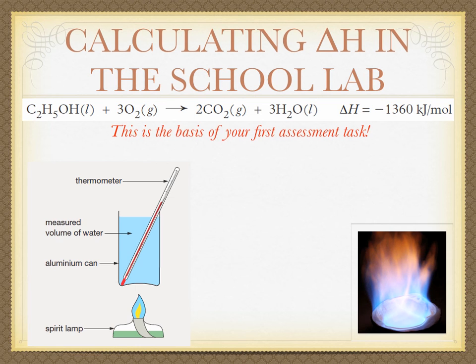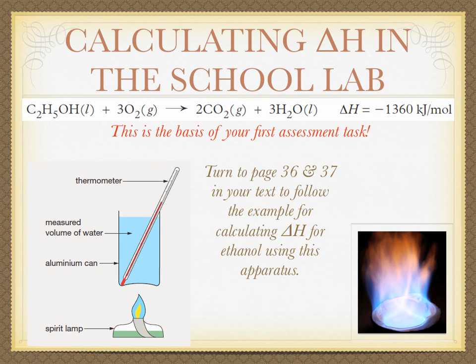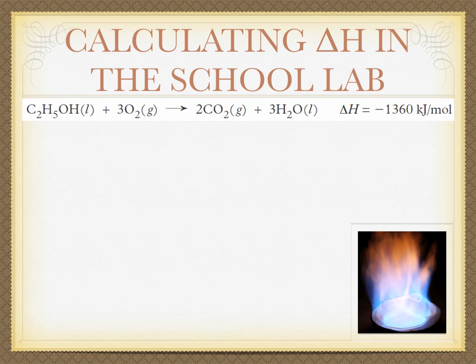Now this is going to be the basis of your first assessment task, where we're going to compare the molar heats of combustion of a few alkanols. There's an example from your text of a typical setup. If you turn to page 36 and 37, follow the example as we calculate delta H for ethanol using this apparatus.